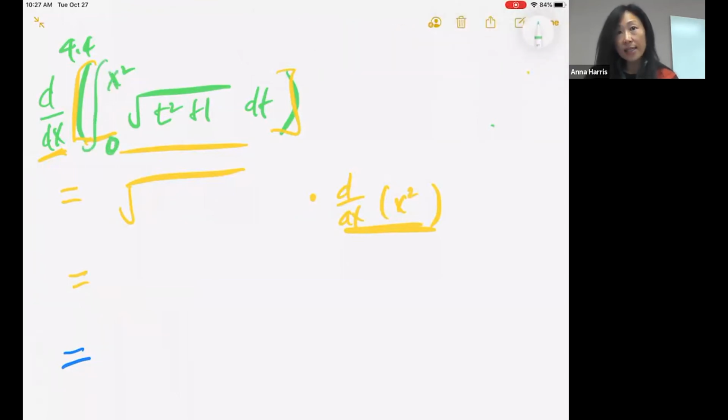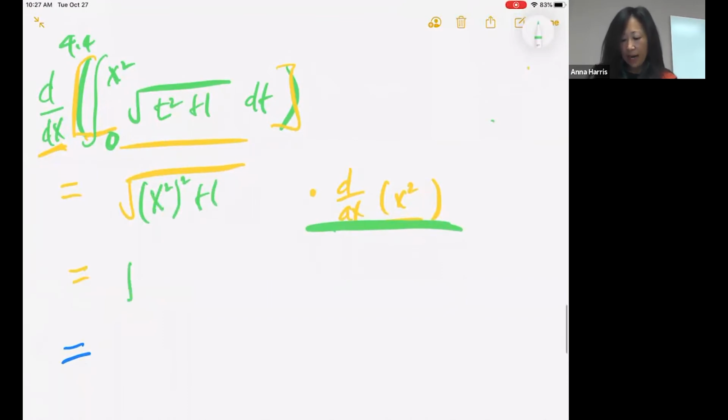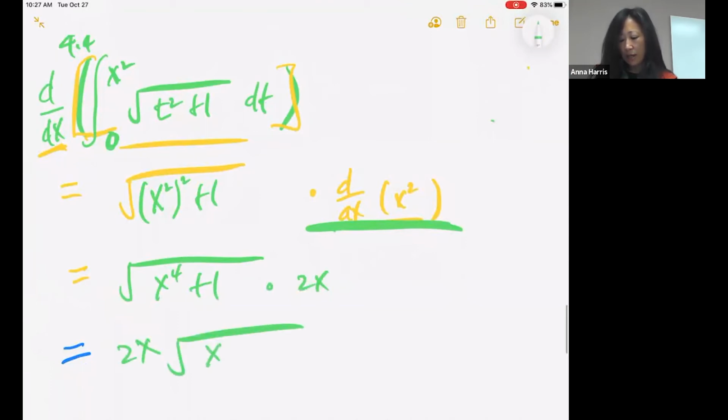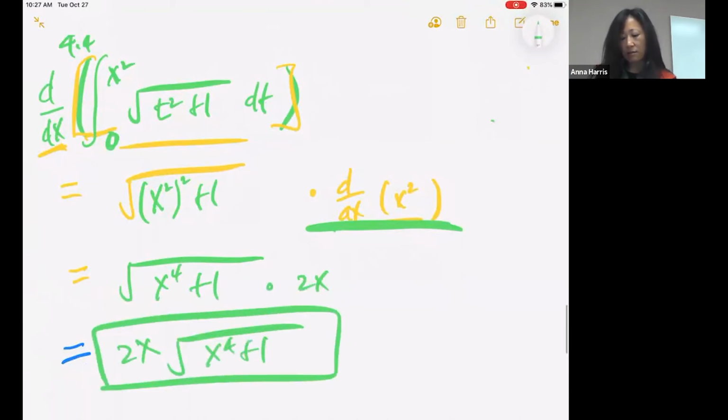You are replacing t with x squared. So I have x squared, squared, plus 1. And then I have a derivative of this. So my answer is now x to the 4th plus 1, times 2x. So 2x times x to the 4th plus 1 is your answer. Because you know the second fundamental theorem of calculus, this problem becomes a lot easier for you because you can just simply use the formula.